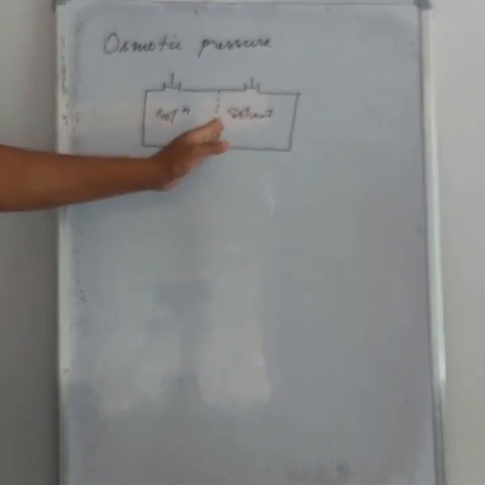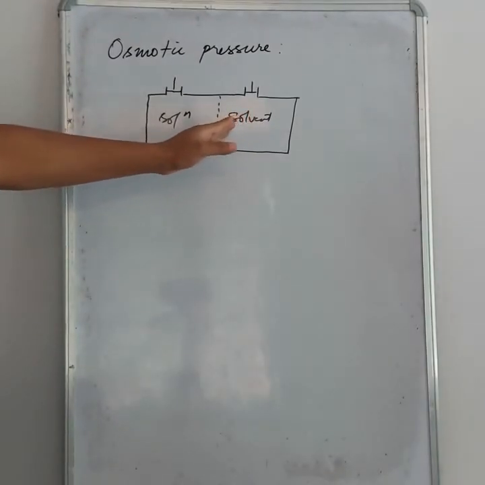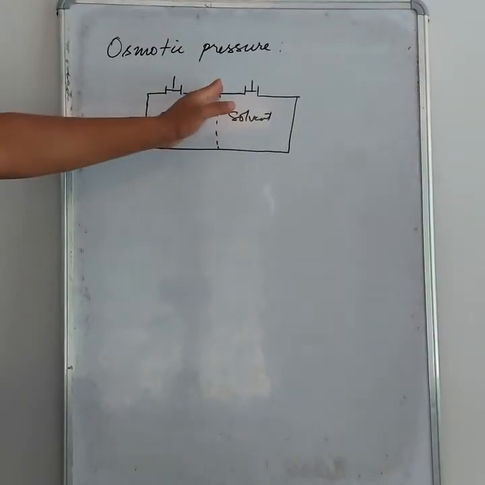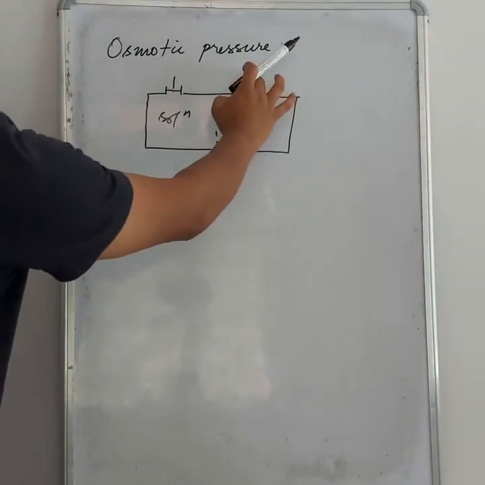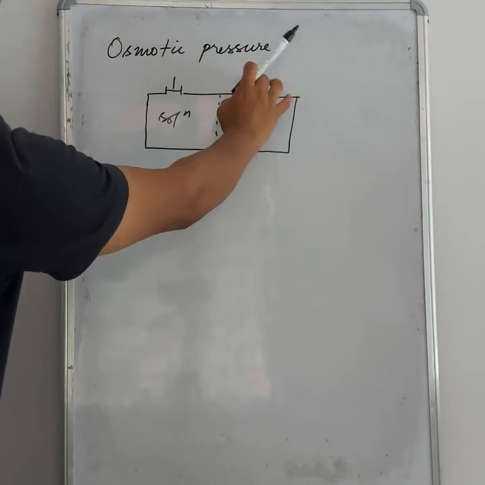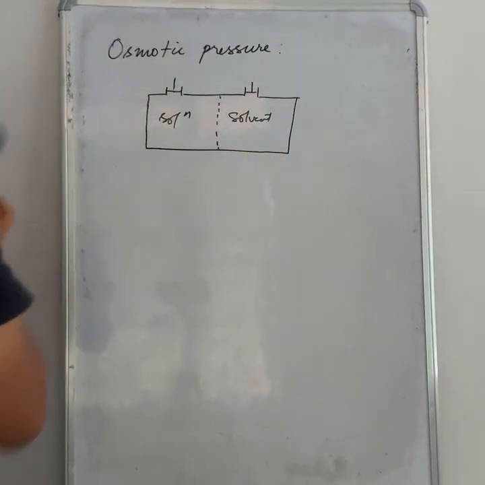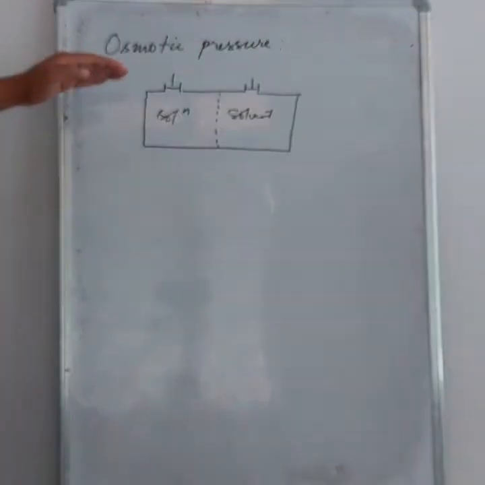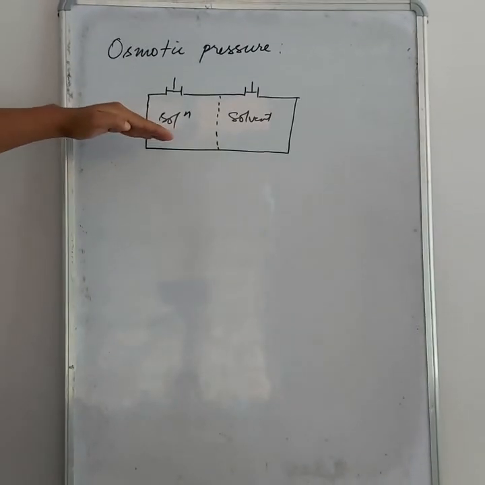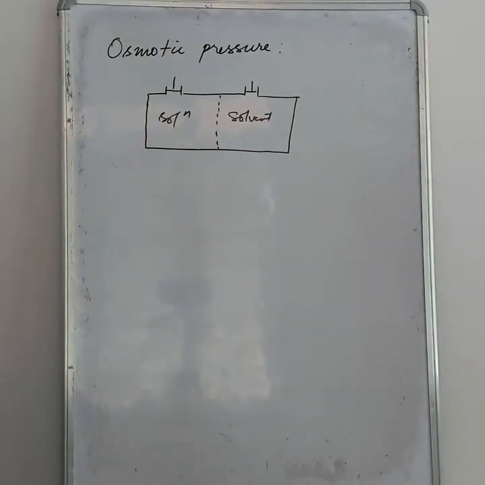Once you set up this experiment, the solvent will start to penetrate through the permeable membrane. When this happens, since this is a movable piston, because of the lowering of pressure here, it starts to come down, and that's because of osmotic pressure. But suppose we push in this piston, we force the solution to flow into the solvent, then that's called reverse osmosis, because we are forcing the issue.